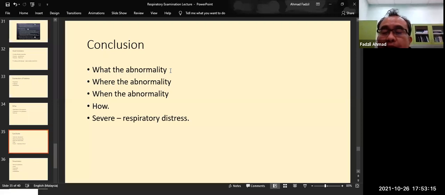So you have to practice on your friend first, until you know what is normal. Then if you recognize the normal, you will know what is abnormal, where the abnormality is, when it is, how it happened. And in each patient you have to decide whether your patient is in respiratory distress or not: mild, moderate, or severe. You have to decide when you see your patient.